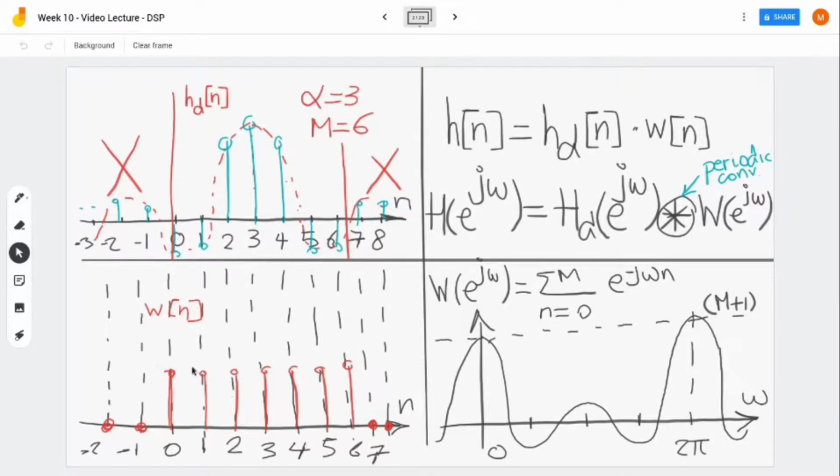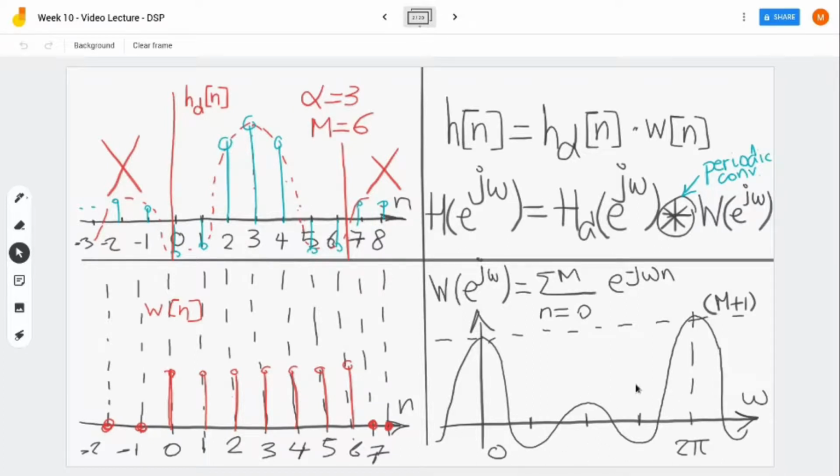This sudden change results in large ripples. Same here, we have a sudden change at the last sample. From having a value of 1, it suddenly becomes 0 at instant 7. So this sudden change will result in large fluctuations in the frequency spectrum.